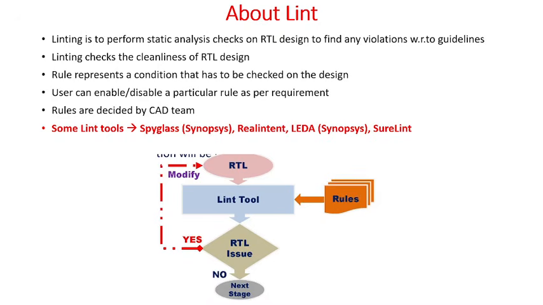There are many commercial as well as open source tools available for the linting process, and this linting process is in fact performing a static analysis check on the RTL design to find out whether the design has any violations with respect to the guidelines. We have some guidelines as far as the RTL is concerned. Those guidelines have to be taken into account while we are developing the RTL code.